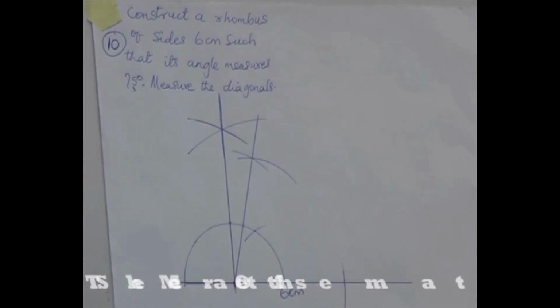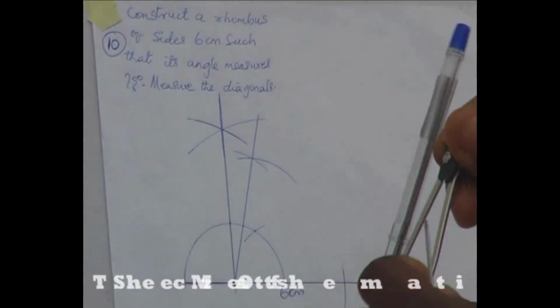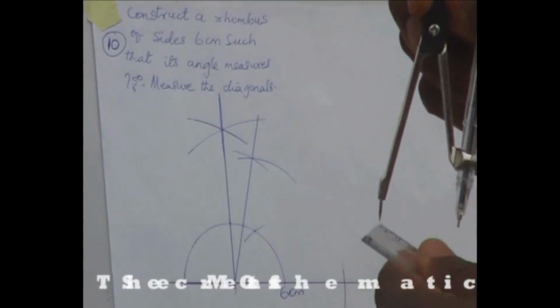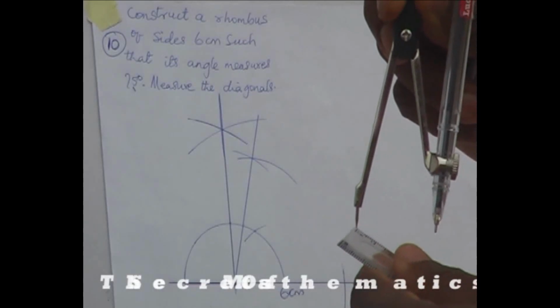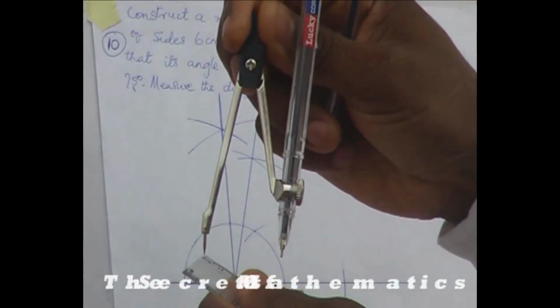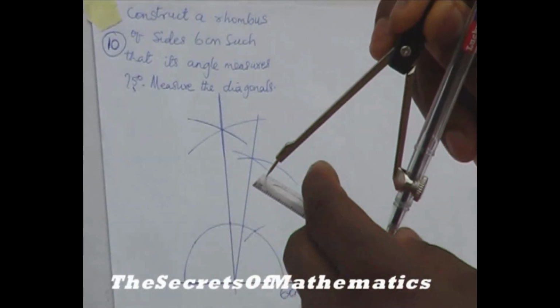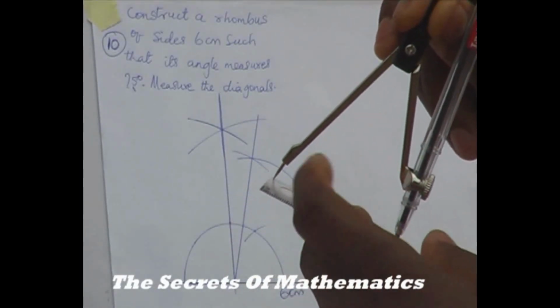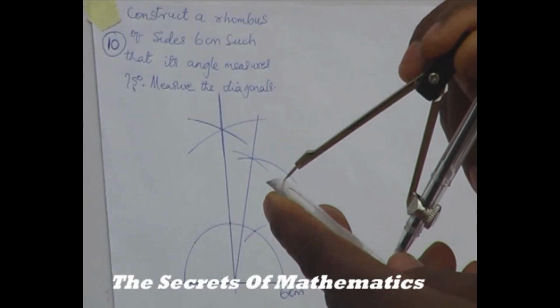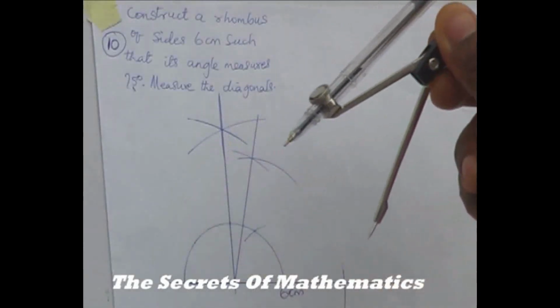Now don't use the pair of divider, use your compass. Measure out 6 centimeters. Okay, this is 6 centimeters.